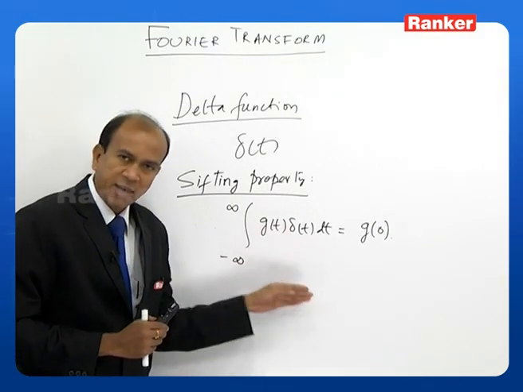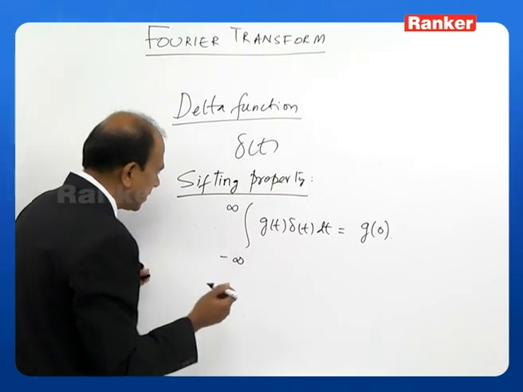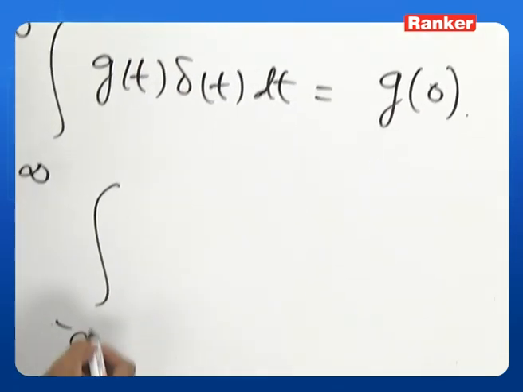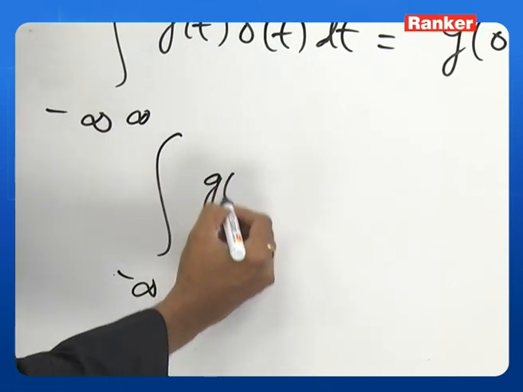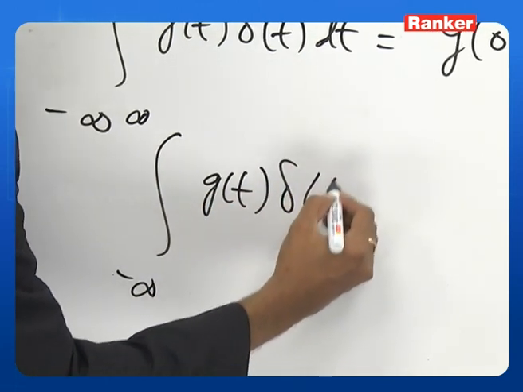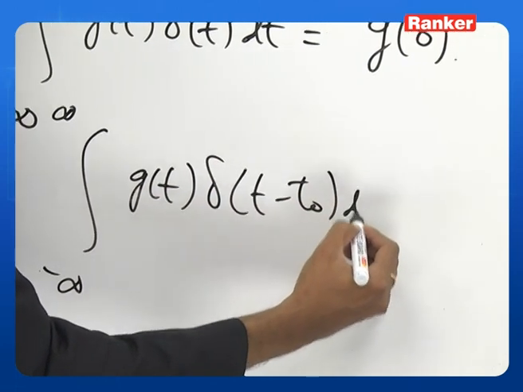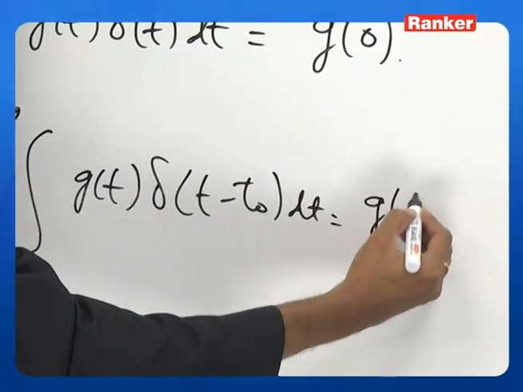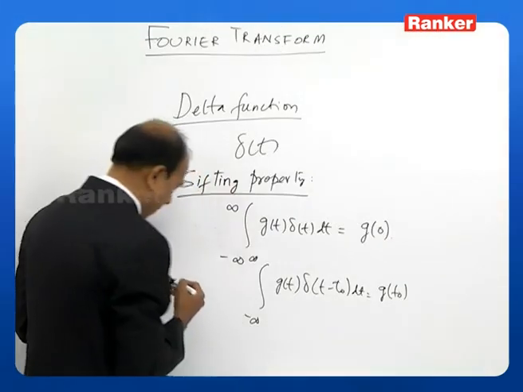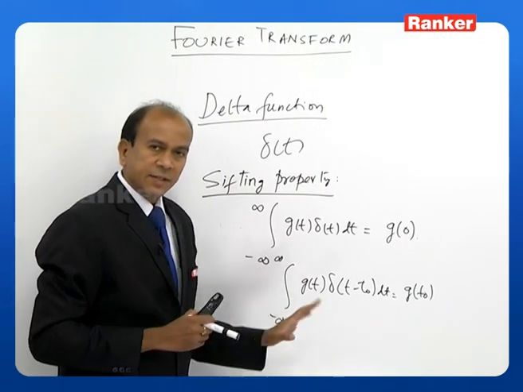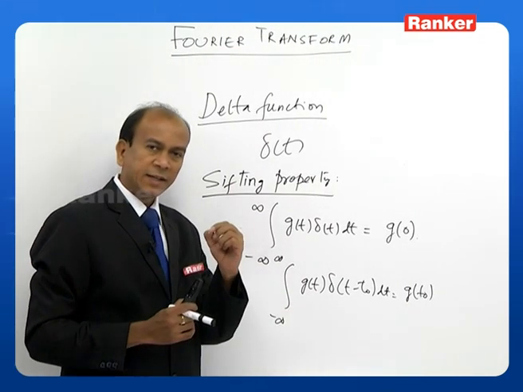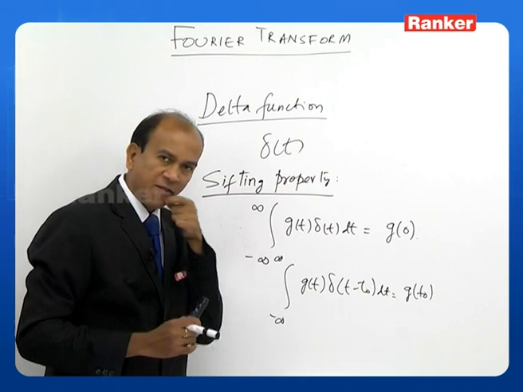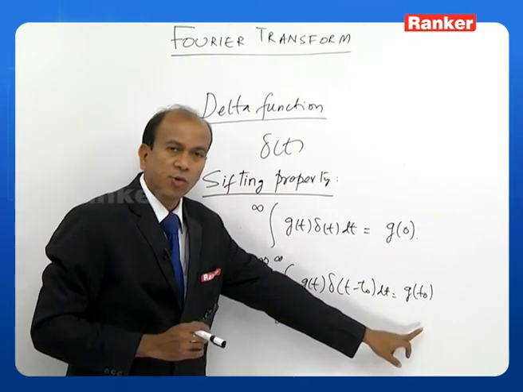We can extend this. We can also say the integral from minus infinity to plus infinity of g of t multiplied by delta of t minus t naught gives g of t naught. Now I am able to select or filter the value of g of t at t equal to t0.